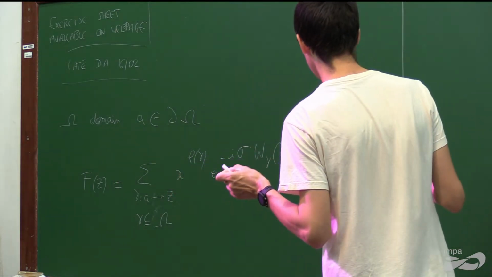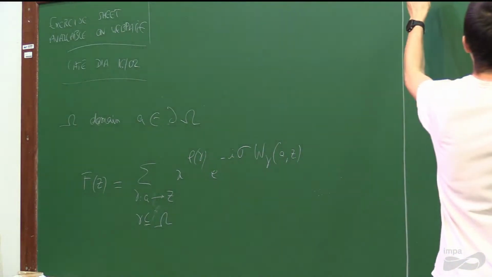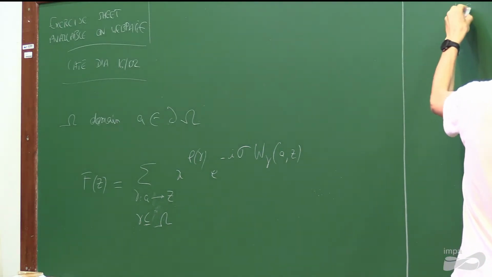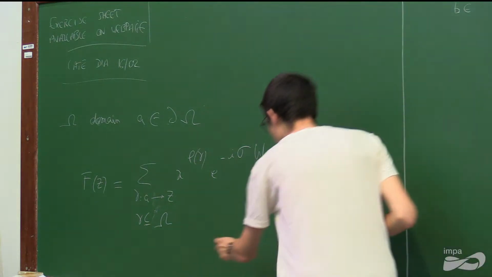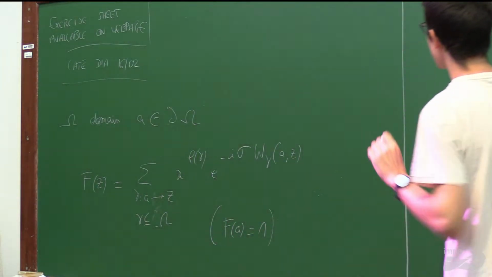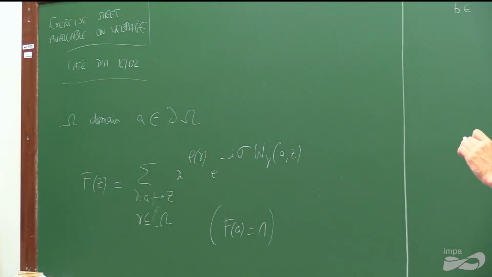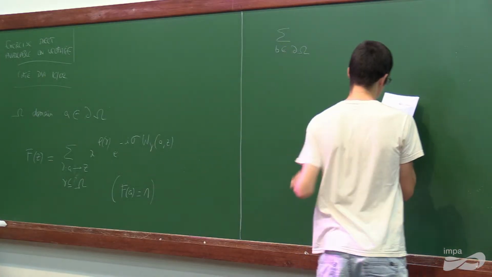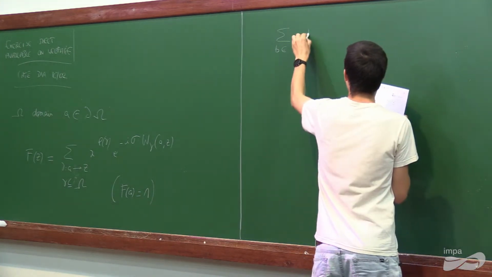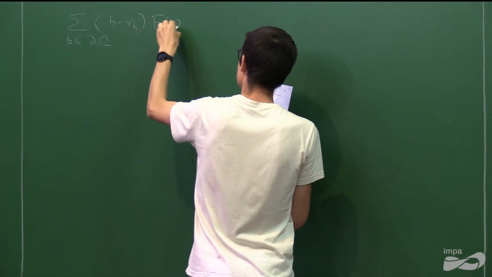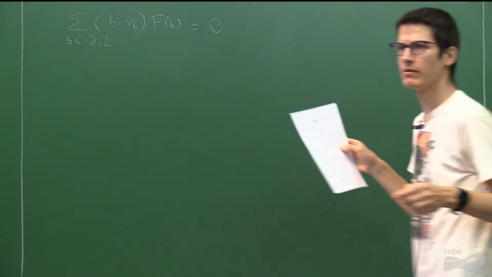And what we had seen was that if you took the sum over B, with F of A equal to 1 by convention, so if you took then the sum over the mid-edge in the boundary of this thing, then you would get 0.